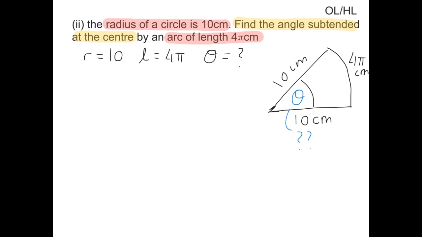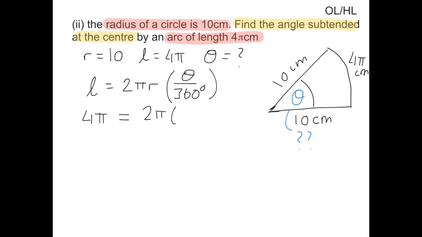So if we look at our formula for length, L equals 2 pi r multiplied by theta over 360 degrees. If we fill in our information, on the left we have 4 pi. Filling in our radius, we have 2 pi times 10.